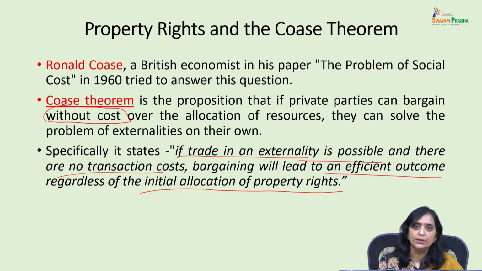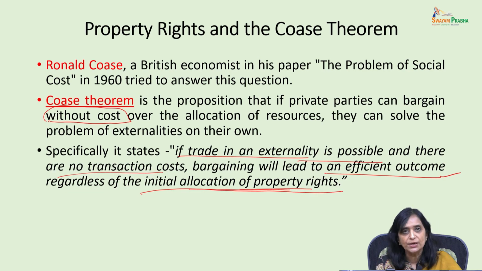If pollution is happening because of an industry and the victim is suffering because of that externality, and if this externality, the loss due to this pollution, can be traded, or these parties can sit together and bargain about who is going to bear the cost of this externality, an efficient outcome will be achieved without allocating any of the property rights. That is, without saying who owns this pollution. Is it the victim who is owning the resource or is it the polluter who is owning the resource?